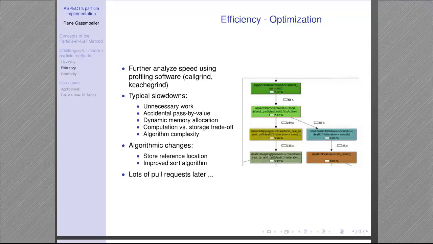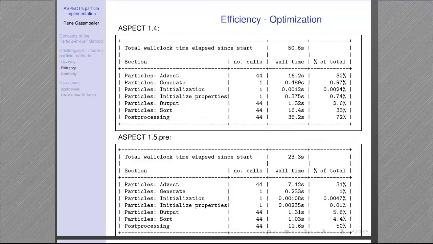But first, let's take a look at what happened after lots of work and lots of changes to the code. At the top, you see the same runtime I posted earlier with the latest release of Aspect version 1.4 with deal.II version 8.4.0 and a total runtime of 50.6 seconds.